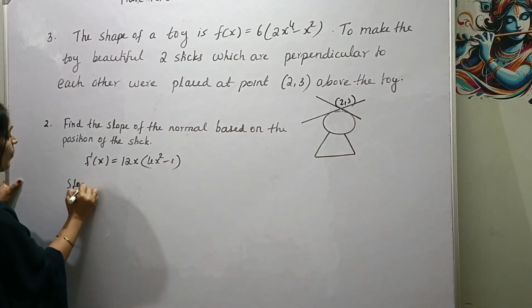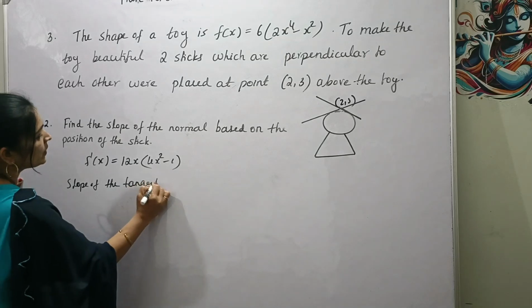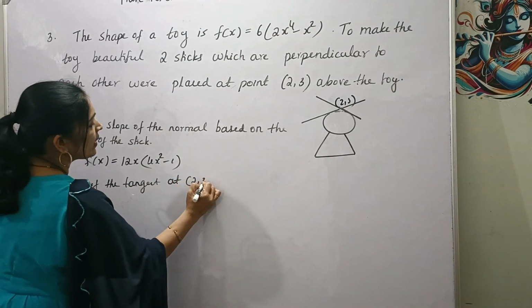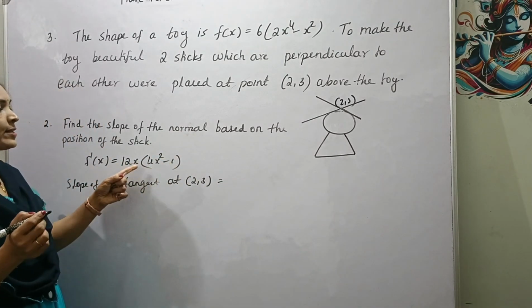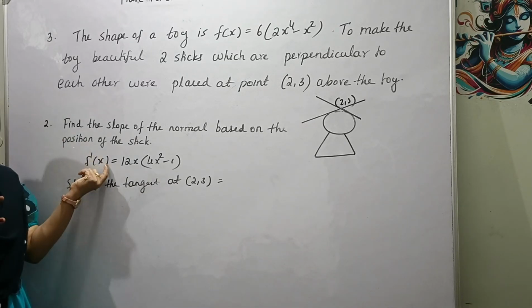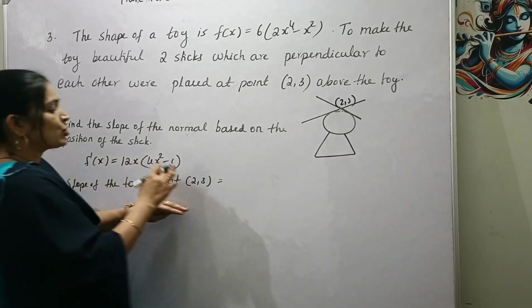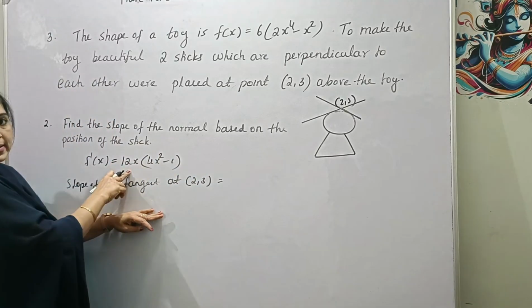So here slope of the tangent at 2, 3 is equal to, substitute x is equal to 2. Here slope of the tangent is nothing but the derivative of f of x with respect to x, that is f dash of x. Okay. So at 2, 3, substitute x is equal to 2.